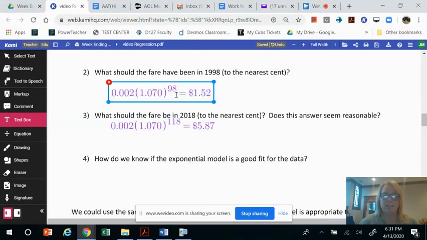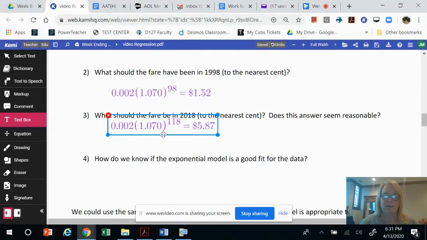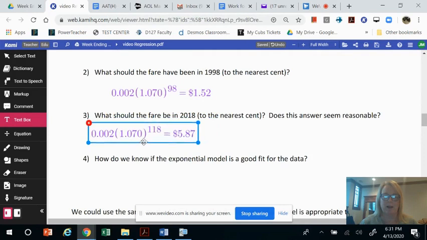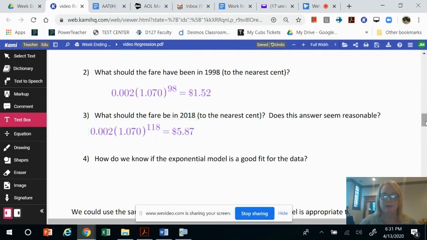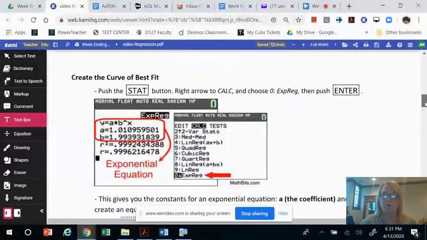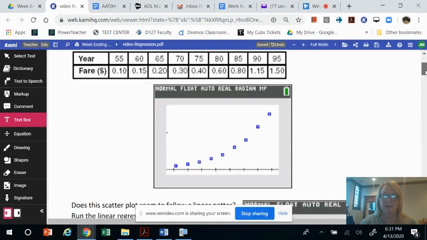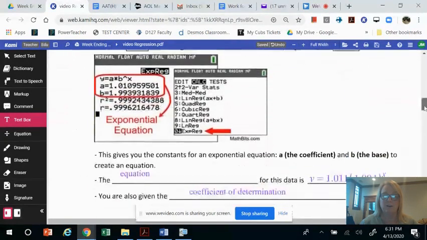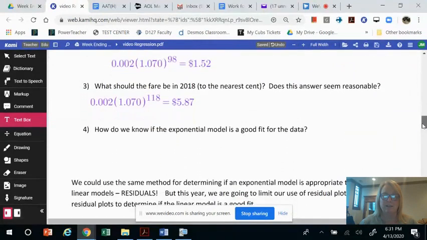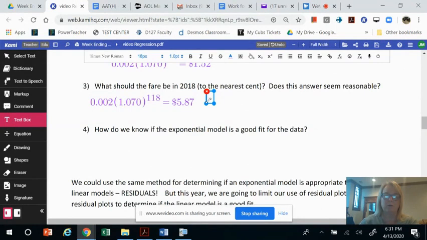It's really hard to tell if that's reasonable or not. And the reason I say that is because 2018 is so far outside of where our data was. Our data stopped in 1995. So that's 23 years later. We don't know if it's going to continue to follow this pattern that far out.